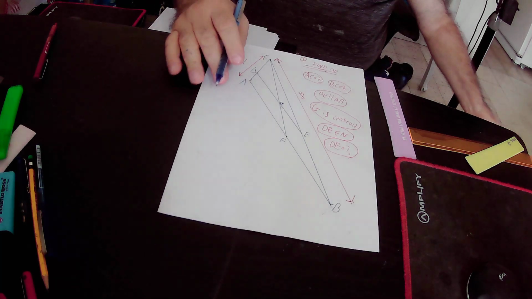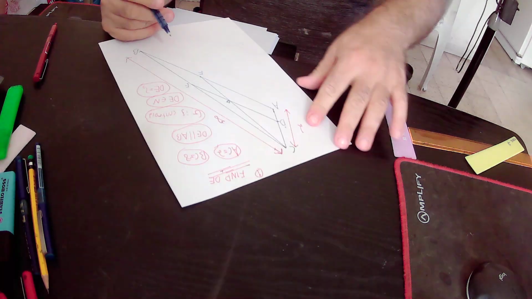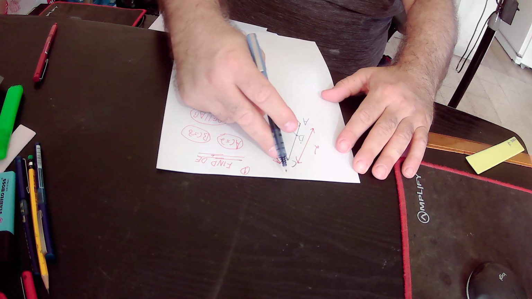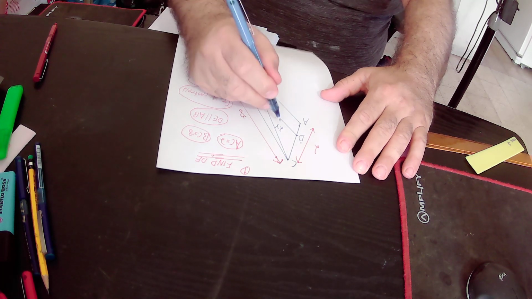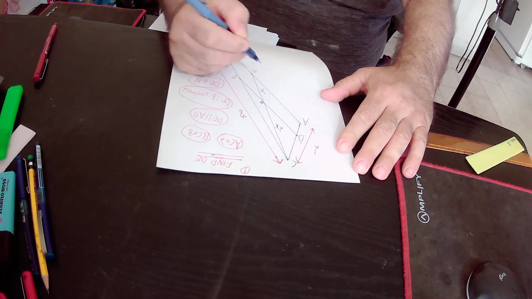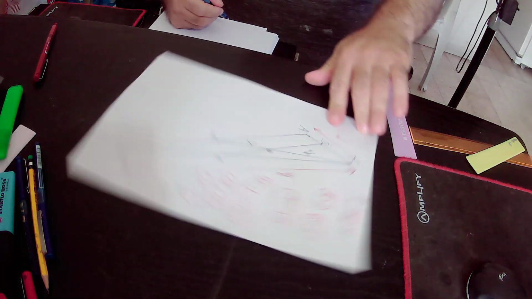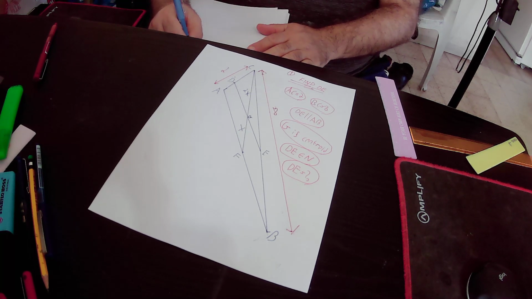So if CG equals 2x, then GF will be equal to x. Then we have another rule that is also applied in any triangle.